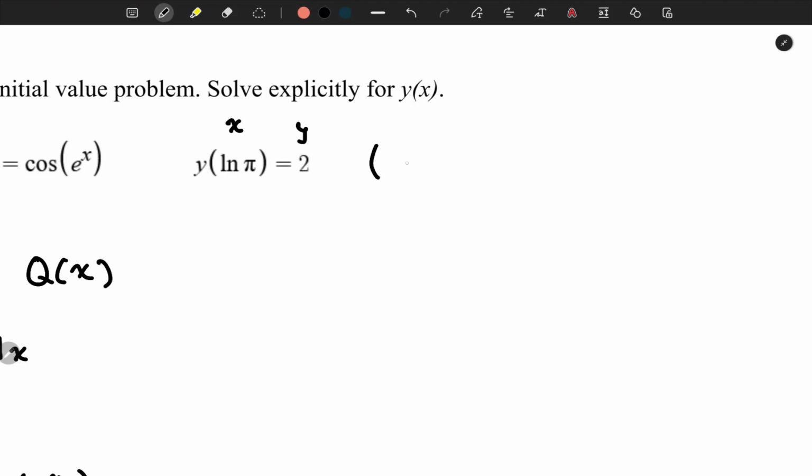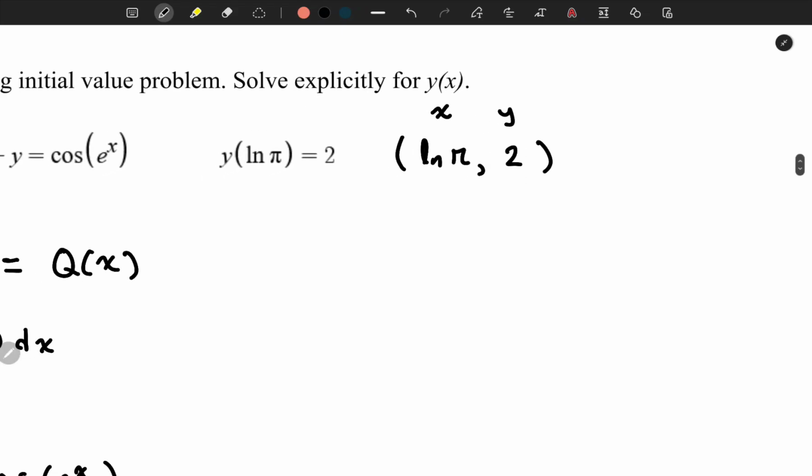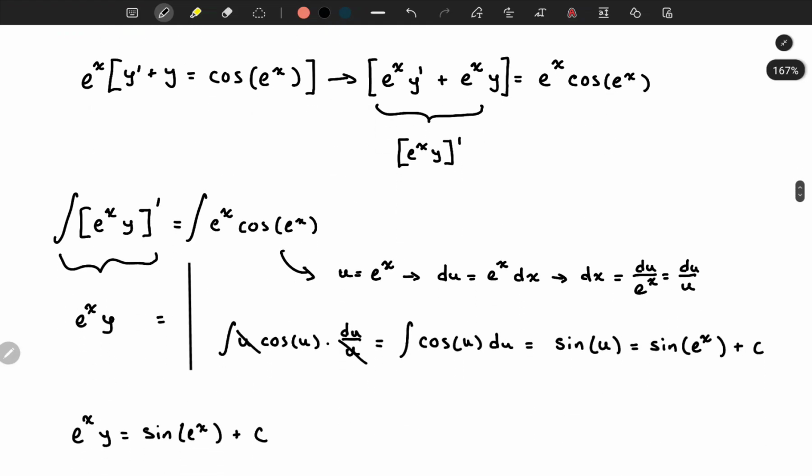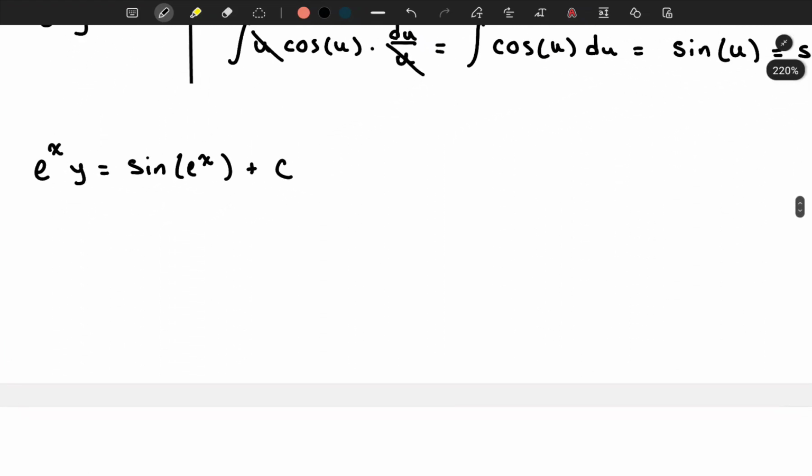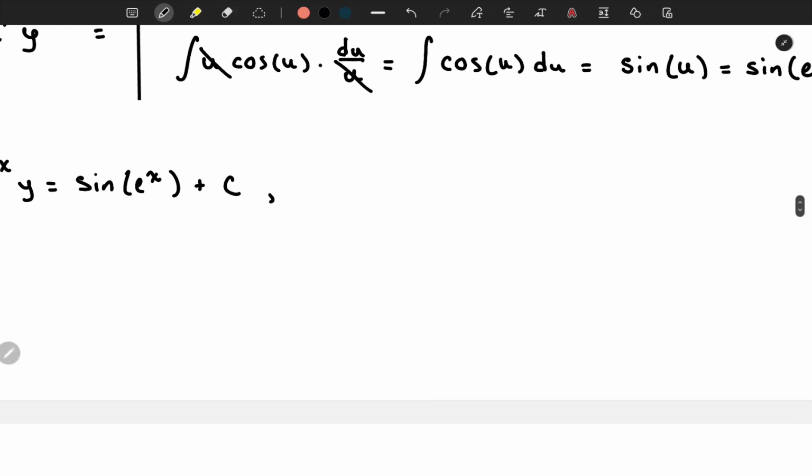So really, this is just giving us a coordinate of ln pi, 2. So this coordinate is going to be used to find our c value. So let's just go ahead and write our coordinate down. So ln pi, 2, this is our x, this is our y.